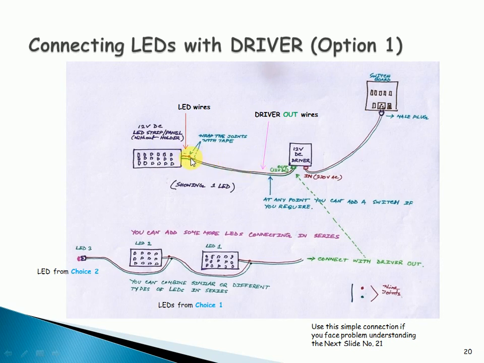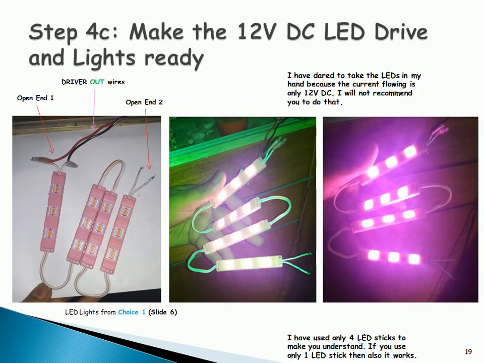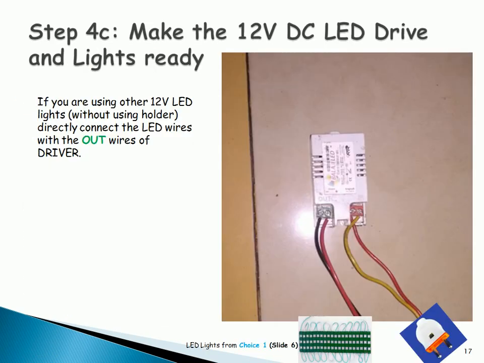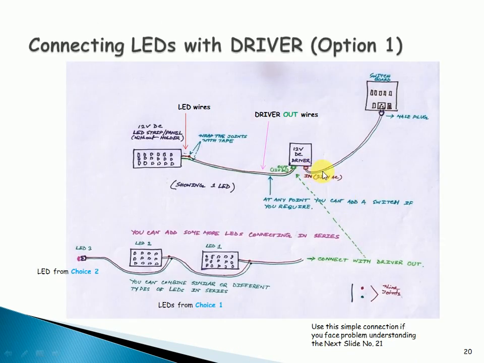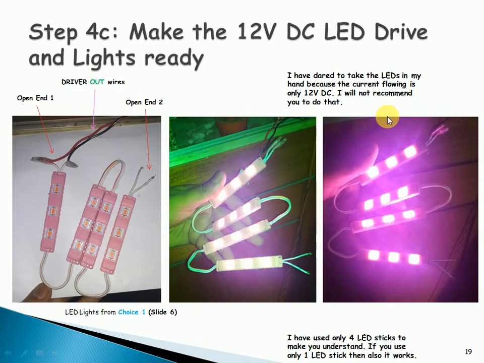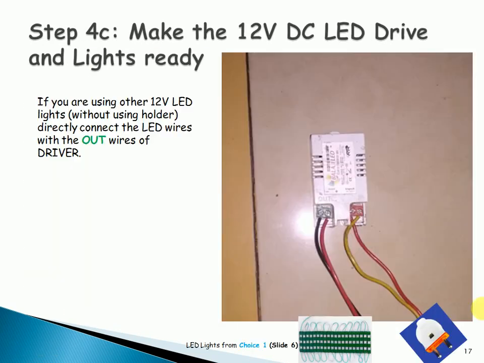I have connected these two, and this is the in of the driver, that means the 220 volt. If you remember, in means this one. This will go directly to your switchboard plug point, and this is the male plug which you have to insert in the plug point.